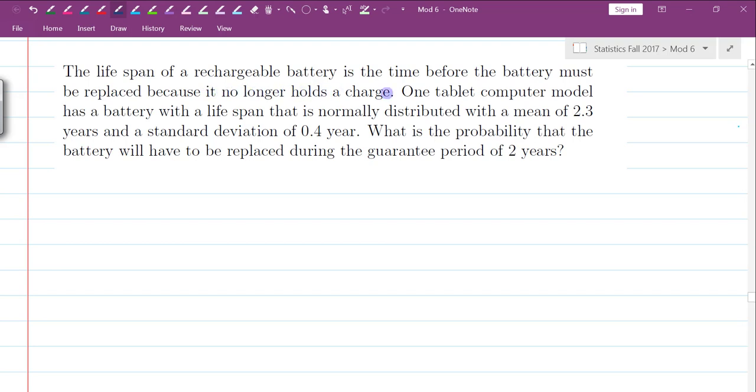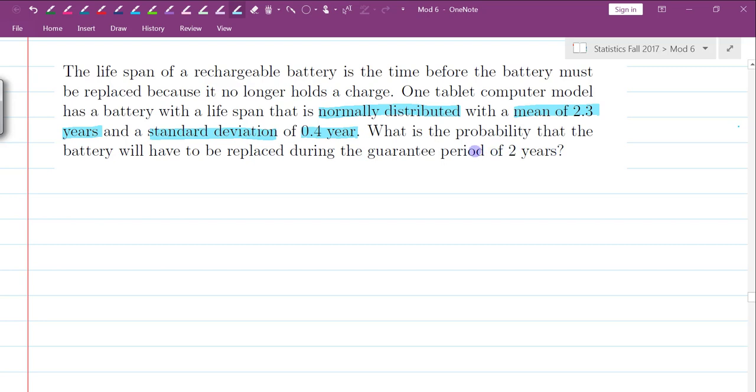One tablet computer model has a battery with a lifespan that is normally distributed with a mean of 2.3 years and a standard deviation of 0.4 years. What is the probability that the battery will have to be replaced during the guaranteed period of 2 years?